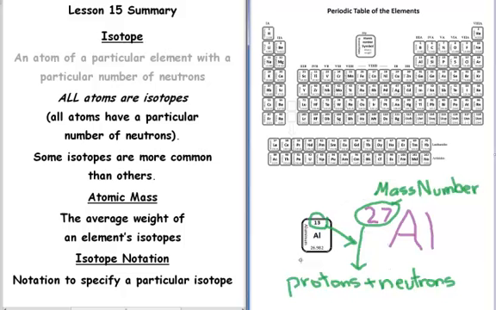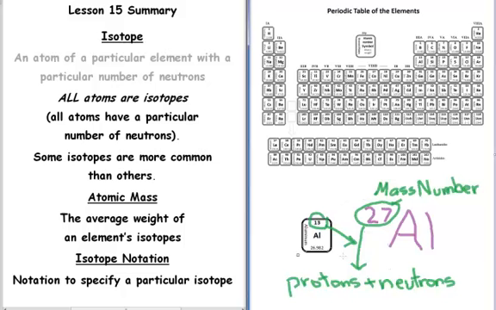So it's telling us that the atom has the same number of electrons as protons, therefore a neutral overall charge. So I've, in this case, selected aluminum and given it a mass number of 27, meaning that it has 13 protons and 14 neutrons. That actually happens to be the most common isotope of aluminum.